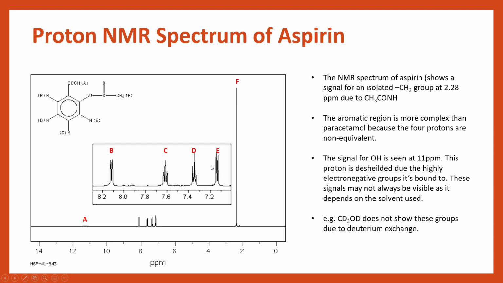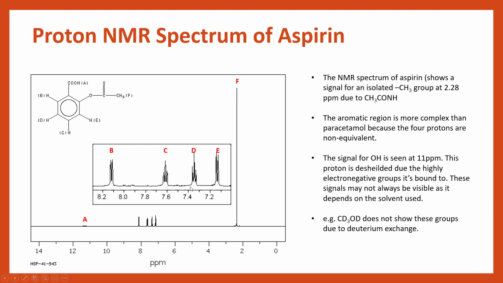So if we start up here around 7.2, we have a doublet. We have E. Our doublet is equal to n plus 1, so whatever proton this represents is beside 1 hydrogen. That makes sense, because E here is beside an oxygen, so that has no other hydrogens on it, and on its other side we have 1 hydrogen.